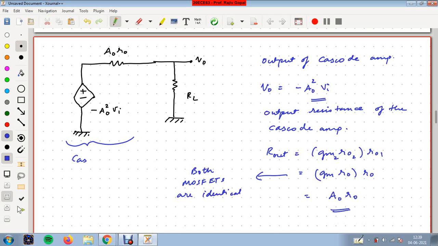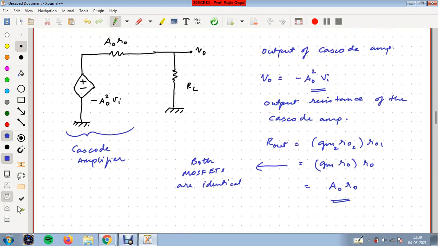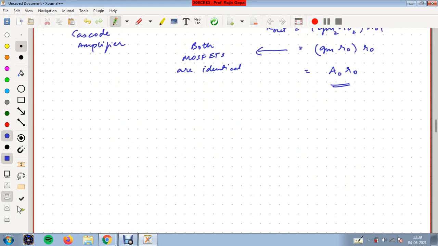Right. So this entire thing, a cascode amplifier, is represented as a voltage source in series with a resistance. With this in mind, I can write what V naught is now, using the voltage divider rule.